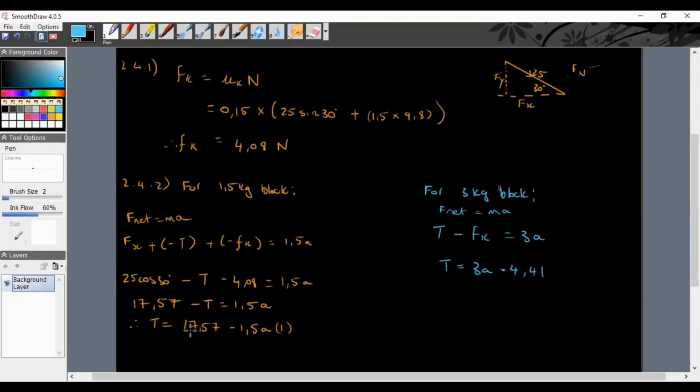Now we've got T equal to 17.57 minus 1.5A, and here T is equal to 3A minus 4.41.